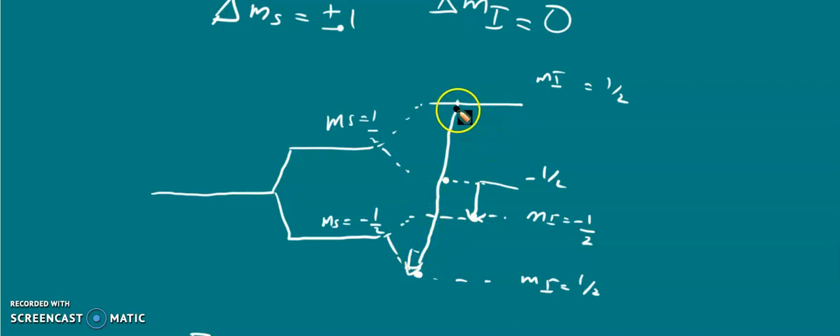So the energy of this line is equal to the energy corresponding to the initial level minus the energy corresponding to the final level. So this has an energy equal to E half half minus E minus half half.